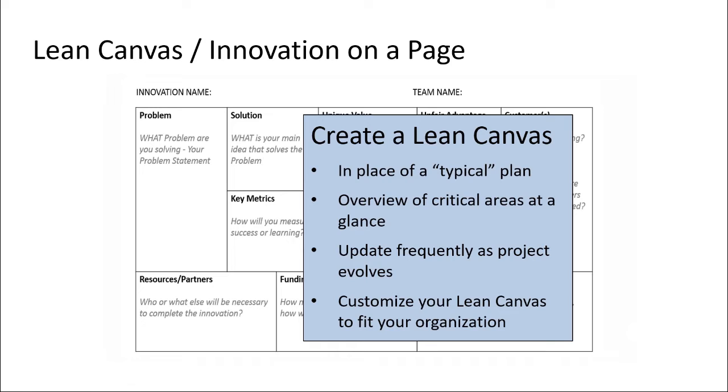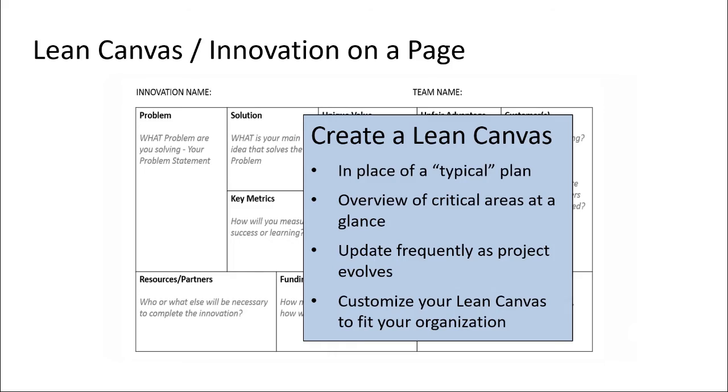This fits onto a single piece of paper. We actually do it on a big poster board when we're doing workshops. It's an overview of the critical areas at a glance so you can see everything in one place, updating it frequently as the project evolves, and you can customize your lean canvas to fit your organization.